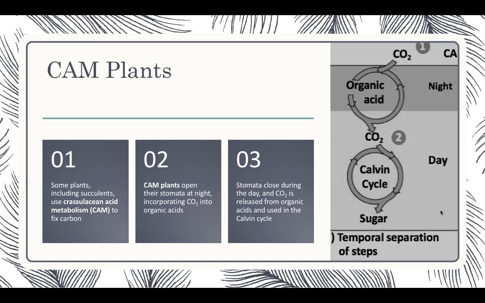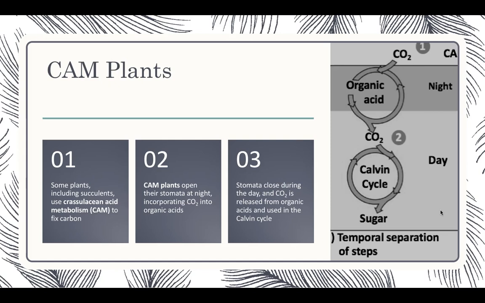Remember, most plants are C3 plants where they're going to make a 3-carbon compound. C4 plants are going to make a 4-carbon organic acid, and they do that by using PEP carboxylase in the mesophyll cells to fix the carbon dioxide into a 4-carbon organic acid first, and then move it from the mesophyll to the bundle sheath, where the acids can release the carbon dioxide for the Calvin cycle.